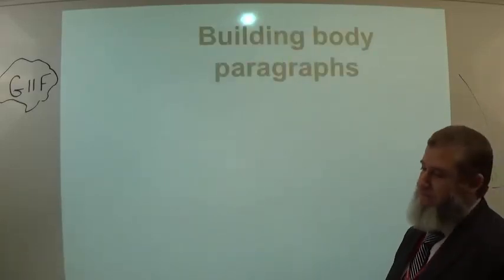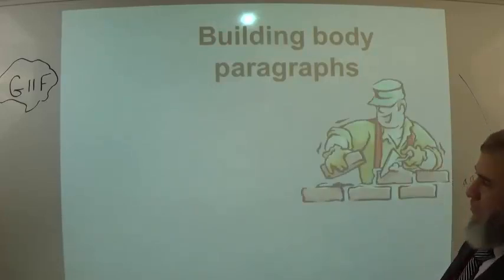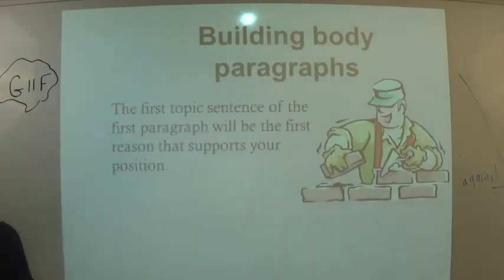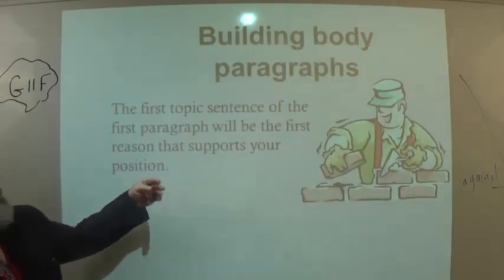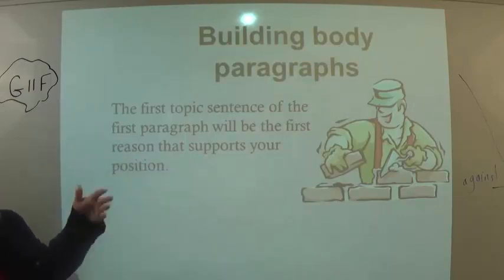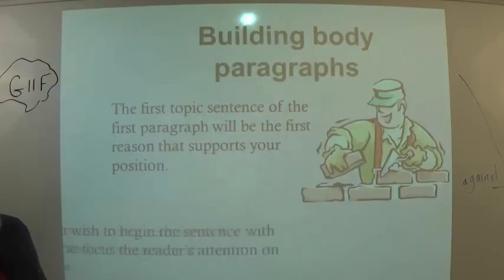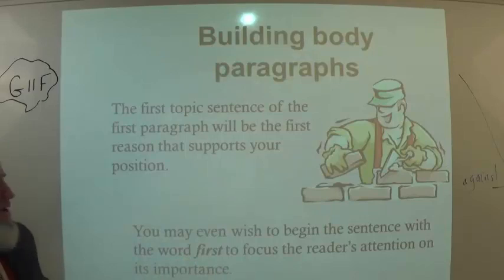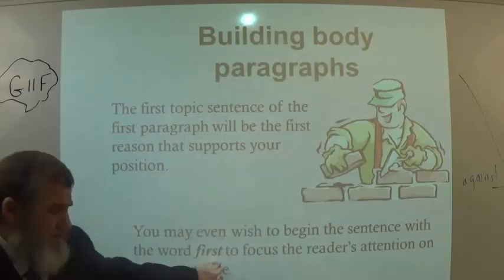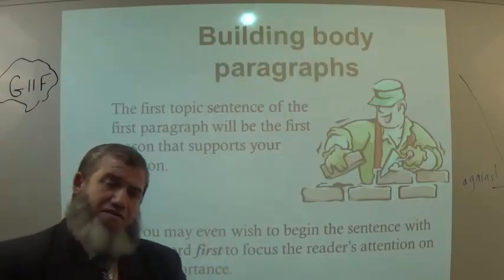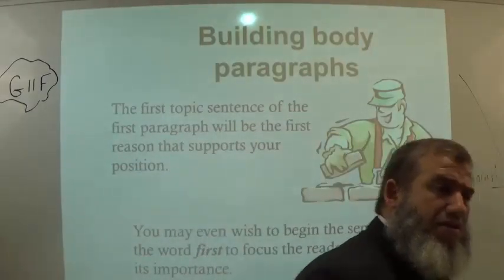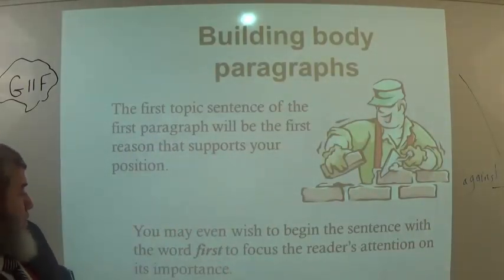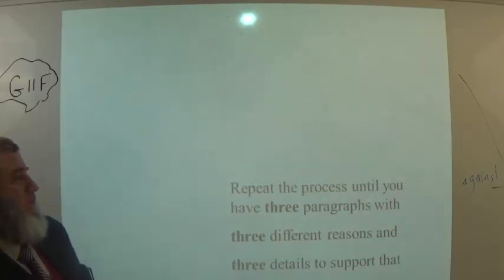Building body paragraphs. Have a look here. When you build your paragraph, the topic sentence of the first paragraph will be the first reason that supports your position. You may even wish to begin the sentence with the word first, because you are going to say first, second, third, last, etc. Focus on the reader's attention or its importance.